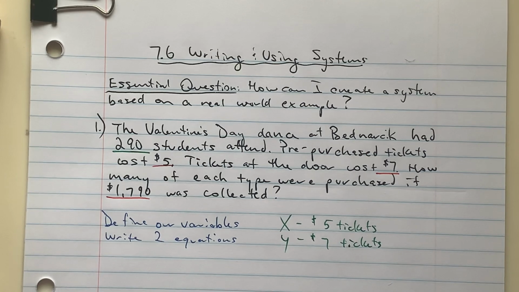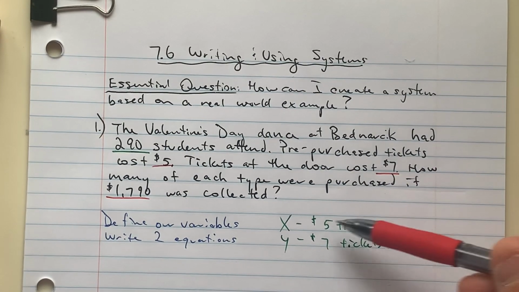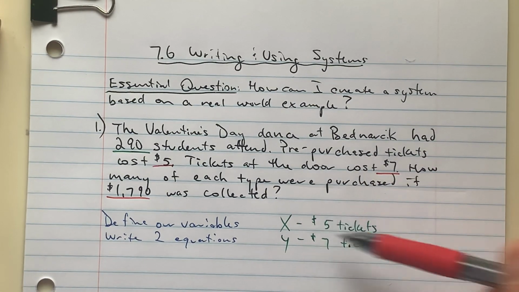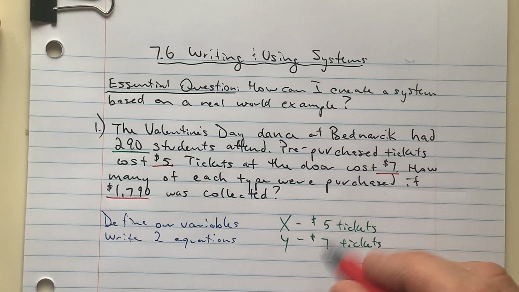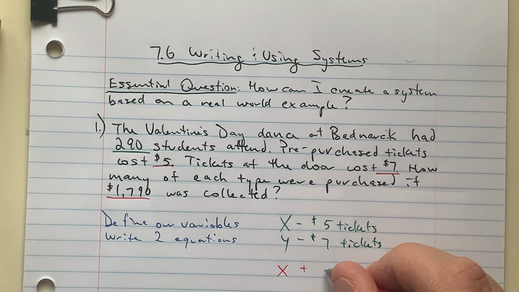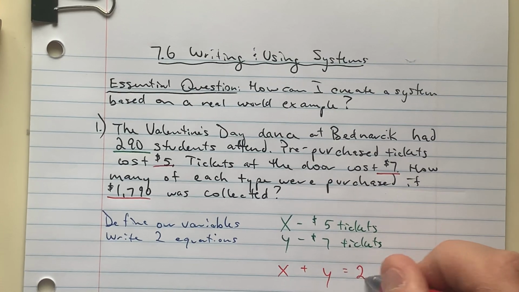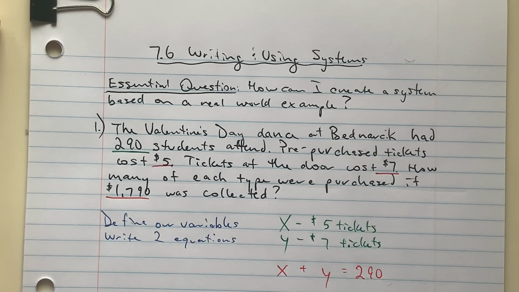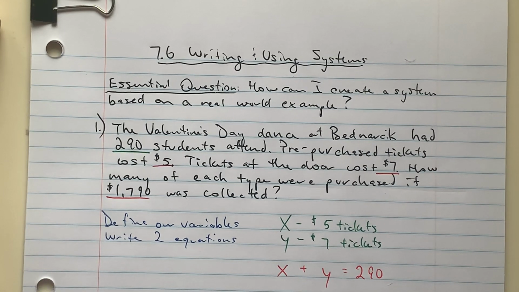They're telling us how many tickets were purchased in total, 290, but we don't know how many were $5 tickets and $7 tickets, so we could say $5 tickets plus $7 tickets equals the 290 tickets that were sold in all, since 290 people attended.